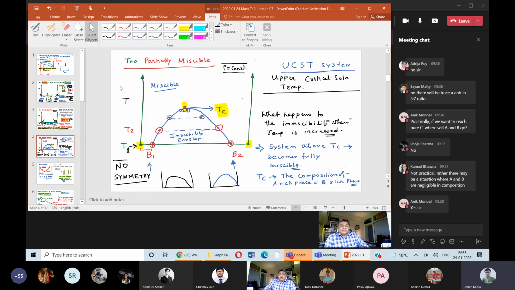Even in this plot, if you look at one horizontal line, at a particular temperature, you see that at that temperature the system has an immiscibility region.